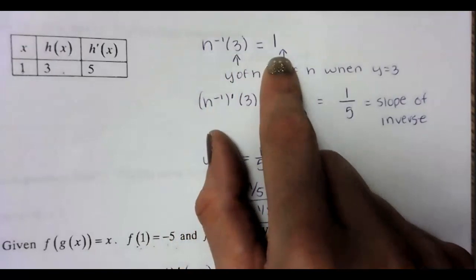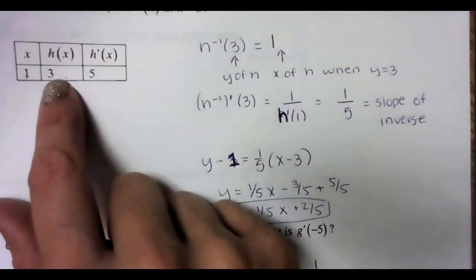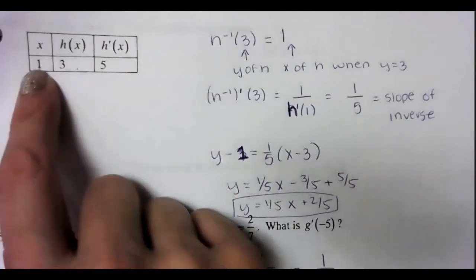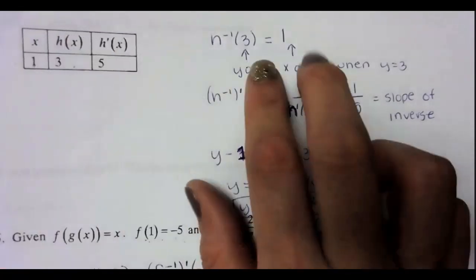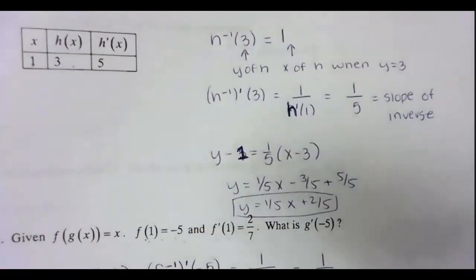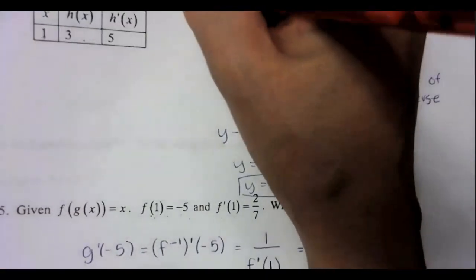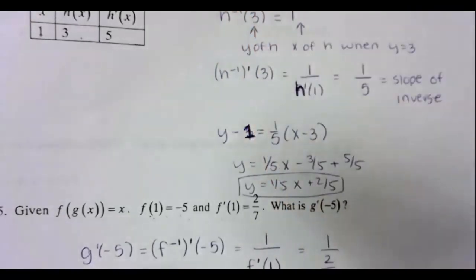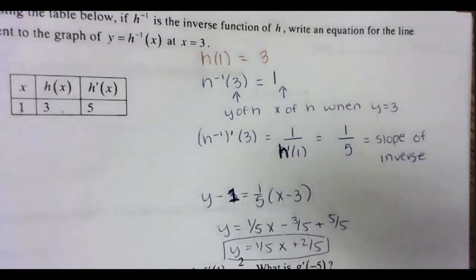I know that that's equal to 1 because this is kind of like the y value of H. So I can go to my table, I look at the y value of H, and I see that it is equal to 1. So again, this is the inverse, so it's the flip of the original. The original would have been H of 1 equals 3. So the inverse is H inverse of 3 equals 1.